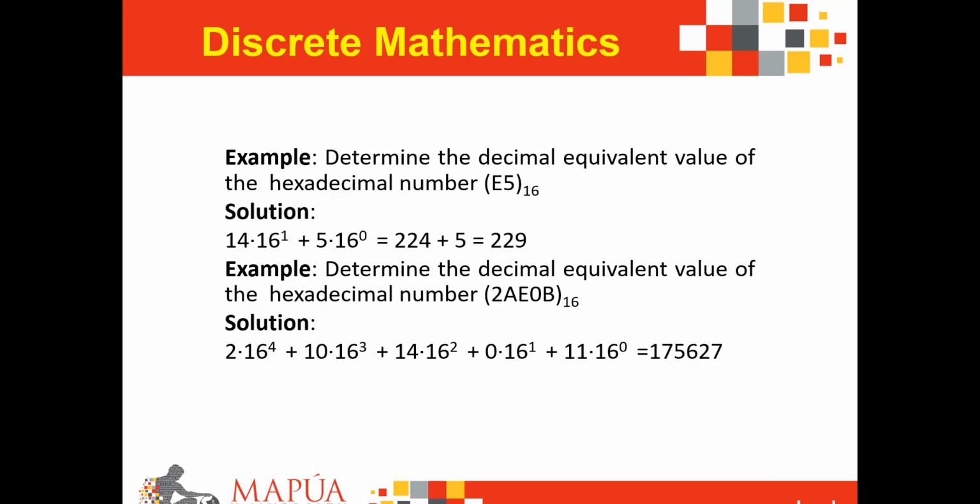The 2 is multiplied by 16 raised to 4 plus 10 times 16 raised to 3 plus 14 times 16 raised to 2 plus 0 times 16 raised to 1 plus 11 times 16 raised to 0, giving you a corresponding decimal value of 175,627.